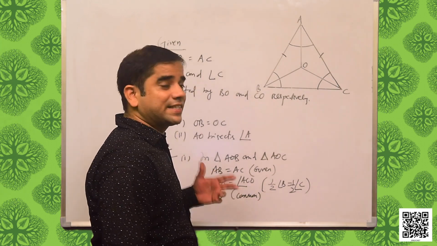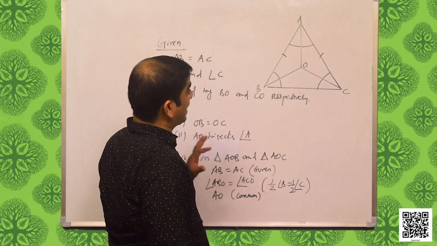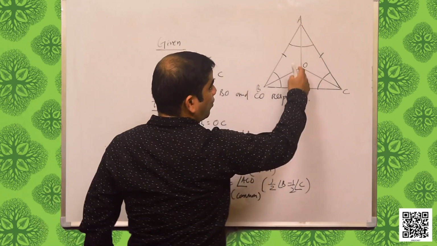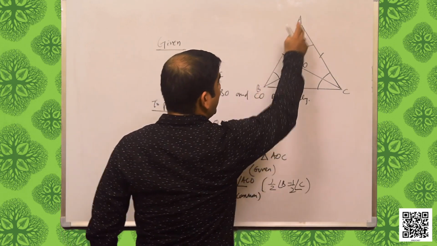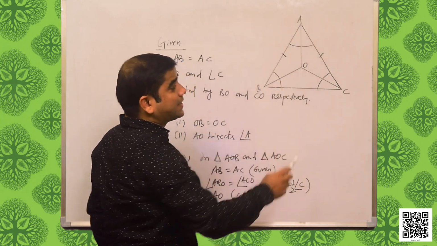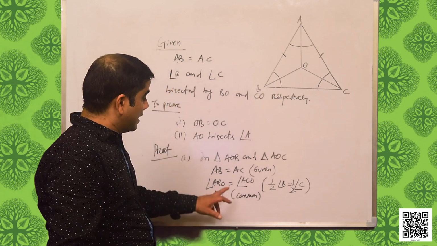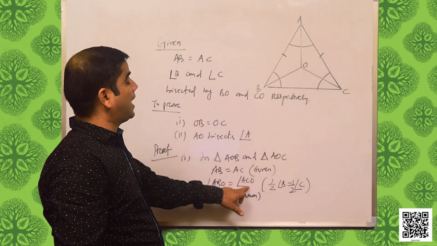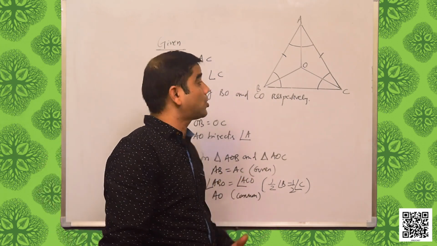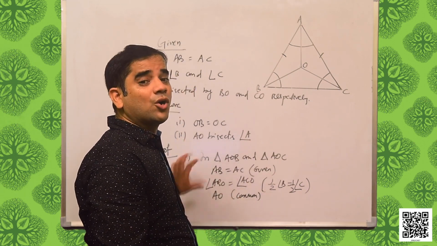Sides AB and AO have the included angle BAO, not ABO, isn't it? So, though angle ABO is equal to angle ACO, these two angles are not the included angles of the respective triangles. That's why we cannot go for the congruency.